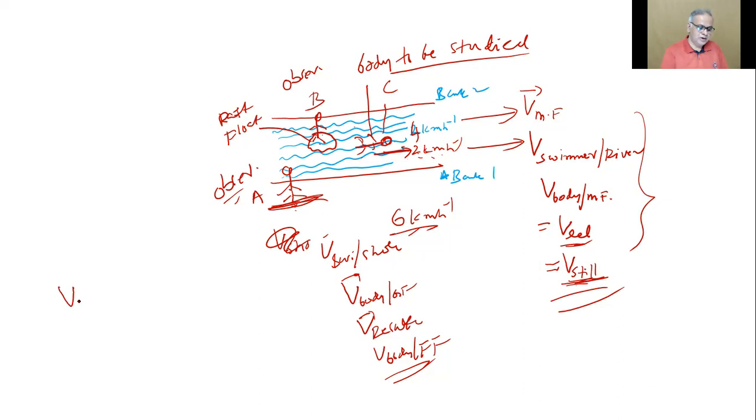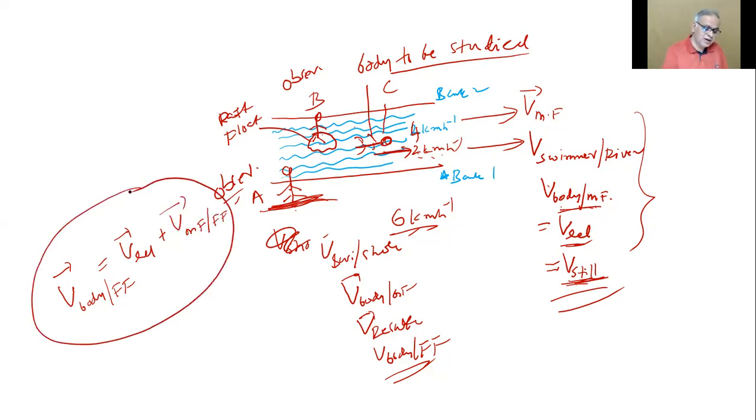Velocity of a body in fixed frame, that is, the ground, which is not going to move, at rest, is equal to velocity relative, relative meaning I can drop the other subscripts, velocity of the body with respect to the moving frame, plus velocity of the moving frame with respect to the fixed frame. This I'll show even analytically. I'll prove it, derive the formula from the geometry, basically.